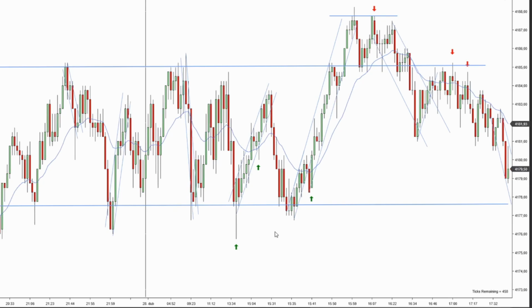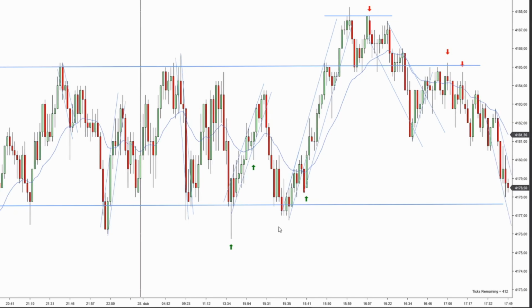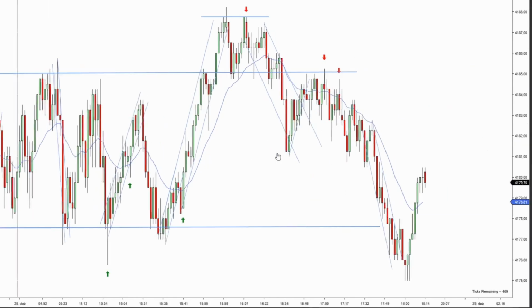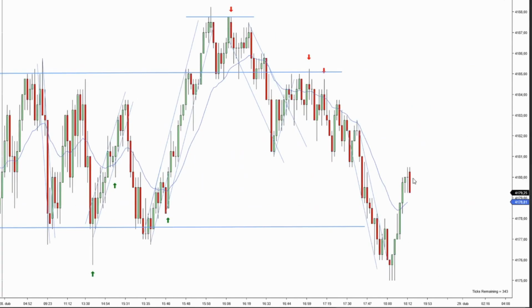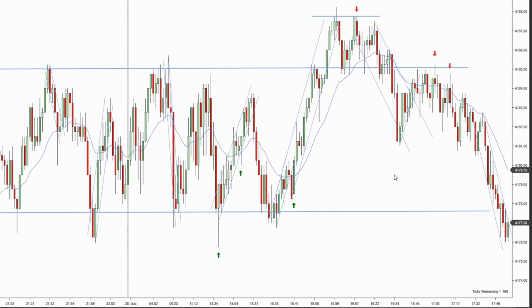Just because one breakout out of 10 will eventually work doesn't mean that is a winning strategy. Most breakouts of these trading ranges will fail, just like it's happening now live. We broke the trading range and we're going back into it. Fading the breakout is the best way to find a high probability setup.